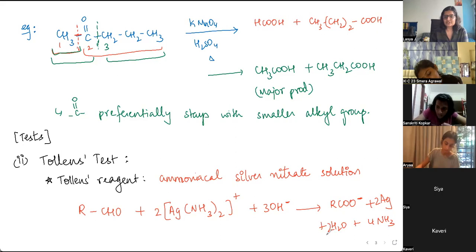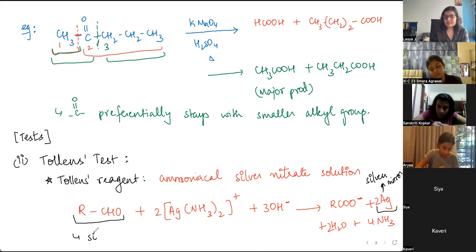Okay, this is Tollens reagent. This is the Tollens test reaction. And this oxidation will occur only for aldehydes. Ketones will not undergo this reaction. So this is a test for aldehydes. If it is an aldehyde, silver is produced. To our eye, you can see it as a silver mirror in the test tube. That is why this is also called the silver mirror test.